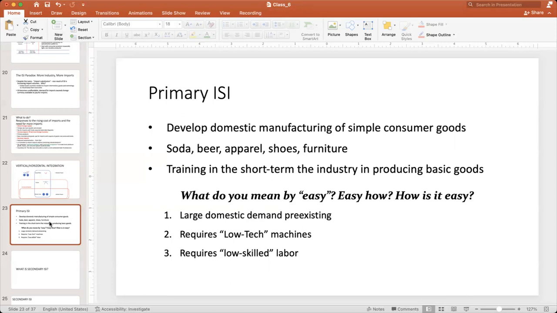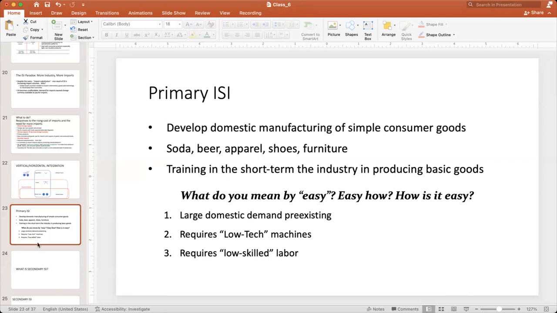So we have the demand side of the market. It requires low tech, which means low levels of investment, and it requires low-skilled labor. So we can, in a way, move the labor that we are at this moment employing in the agricultural sector to produce this type of product.